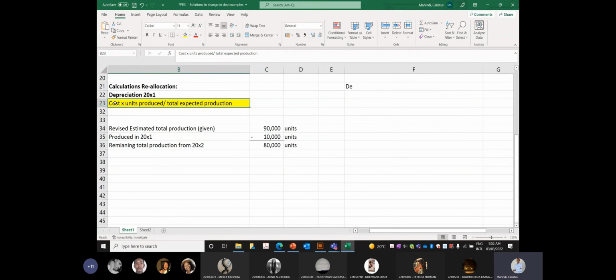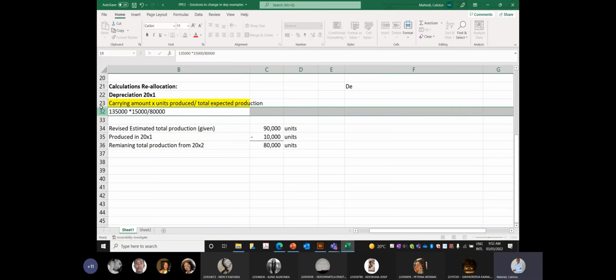So you're going to use the carrying amount times the number of units produced in that year divided by the total expected production. The carrying amount was 135,000. We multiply that by the units produced in the year, and we divide that by the total expected production in order to calculate the depreciation for 20X2.